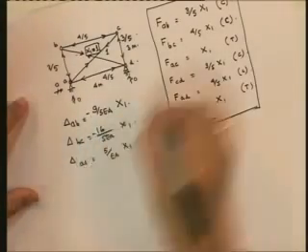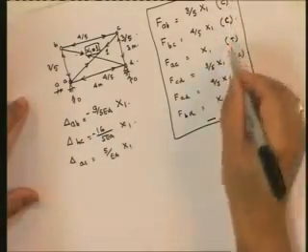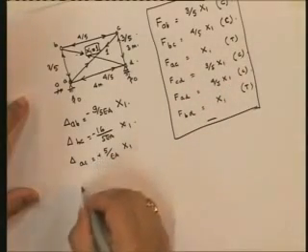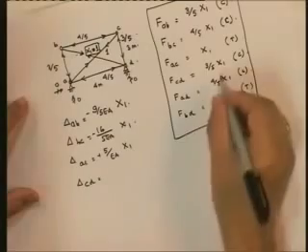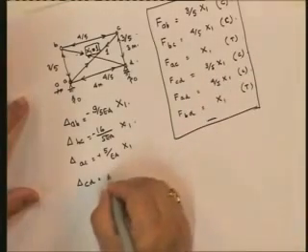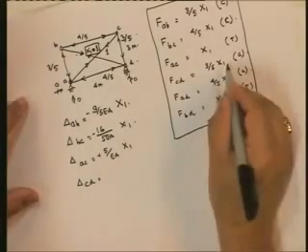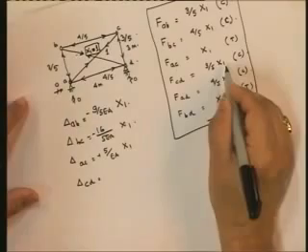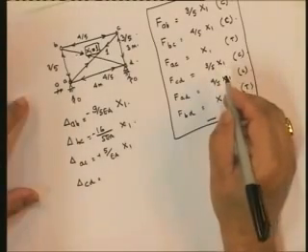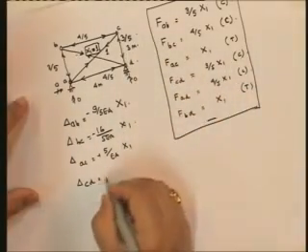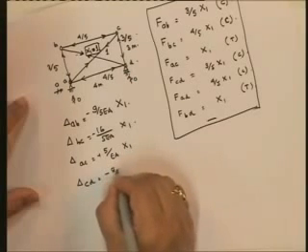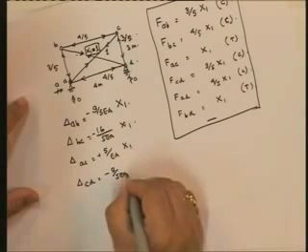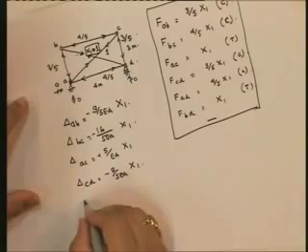Note that these are negative because these are compression, and this is tension, so this is positive. And then delta CD is equal to 3 by 5 x1 into the length of CD, which is 3 meters. So this is going to be equal to minus 9 by 5 EA x1.